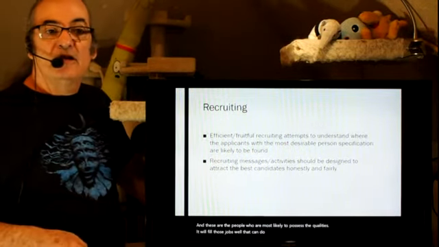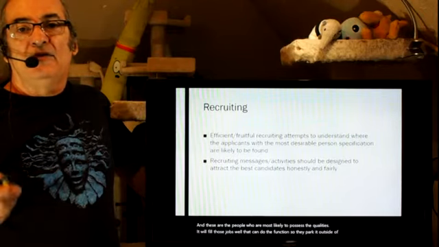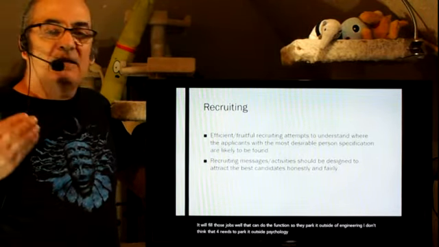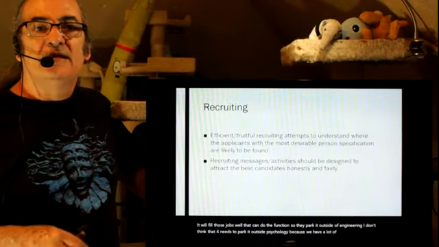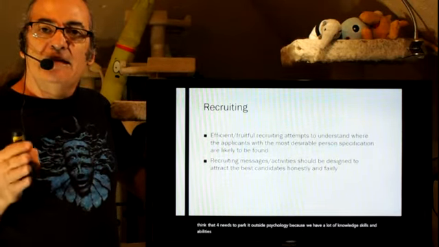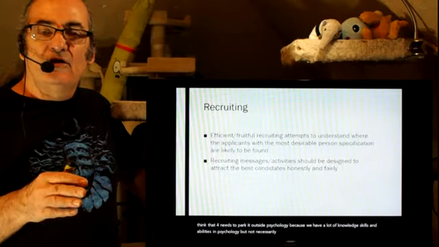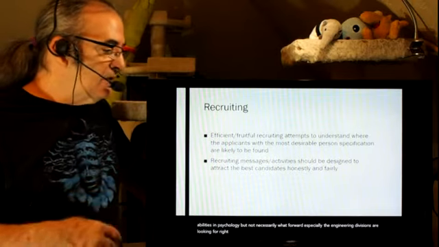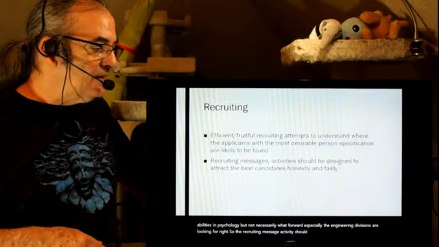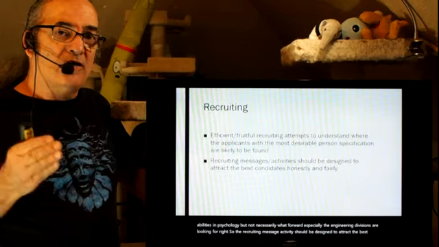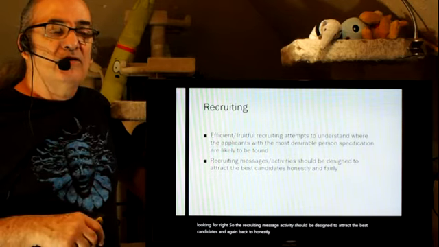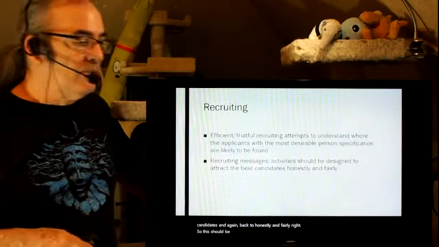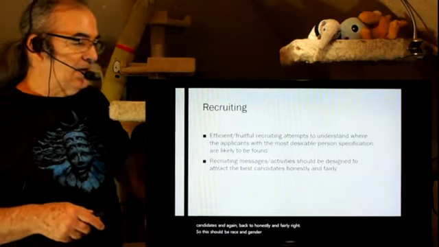So they park it outside of engineering. I don't think that Ford needs to park it outside psychology, because we have a lot of knowledge, skills, and abilities in psychology, but not necessarily what Ford, especially the engineering divisions, are looking for, right? So the recruiting message and activities should be designed to attract the best candidates, and again, back to honestly and fairly, right? So these should be race and gender neutral mechanisms that are employed to attract the candidates.